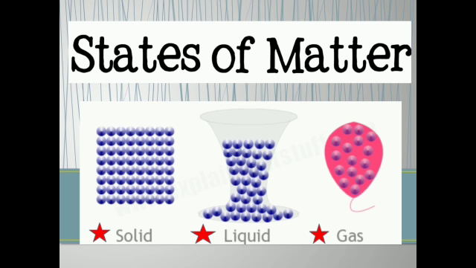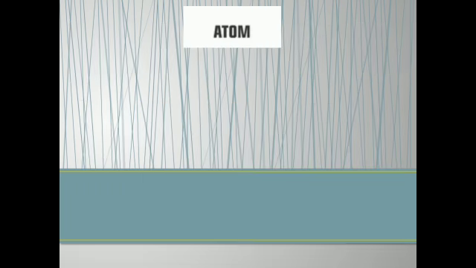You have learned the properties of solid, properties of liquid and properties of gases, and you also learned about the molecular theory about the solid, liquid and gas. In this chapter you learned about the atom. What is atom? Atom is the smallest particle of an element.